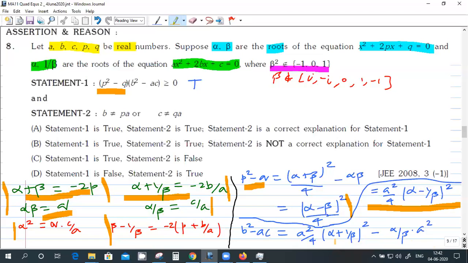Again, it is (a plus b) whole square minus 4 times a into b because the 4 is here. So p square minus q is positive and even b square minus ac is positive.